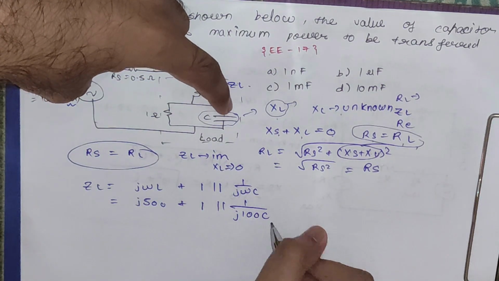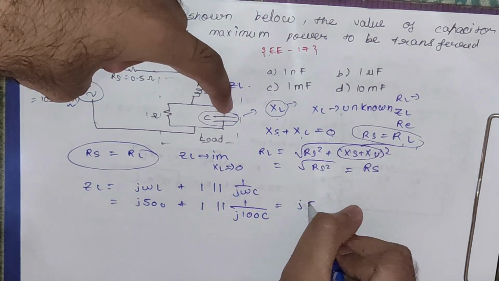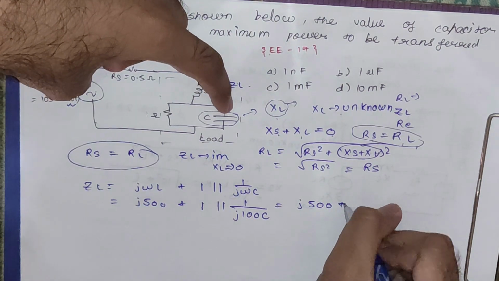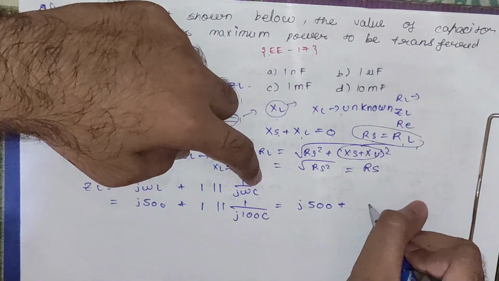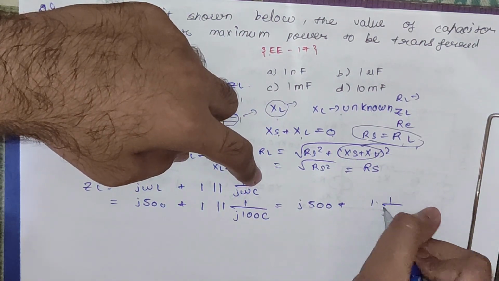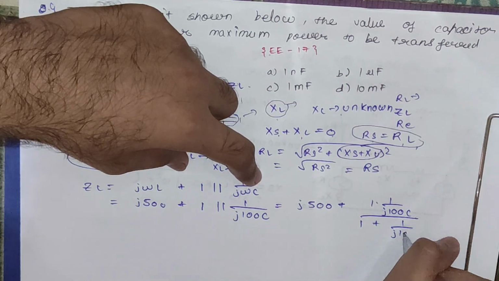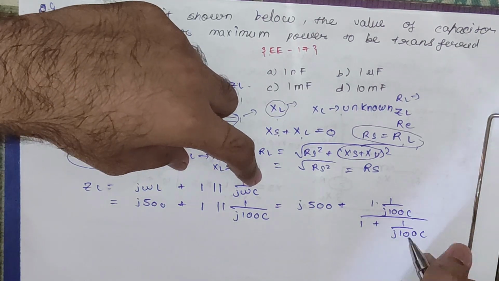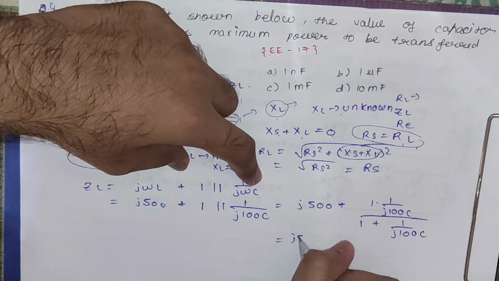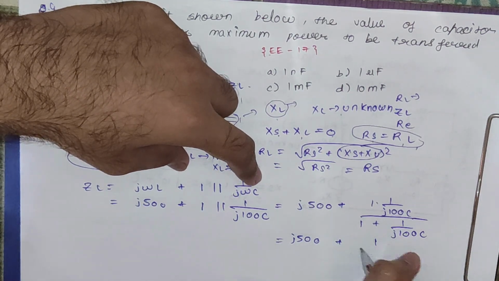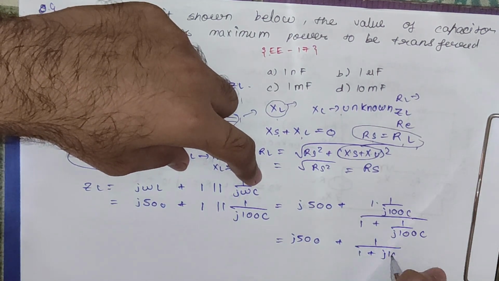If you simplify it, you will get j500 plus 1 into 1 upon j100C upon 1 plus 1 upon j100C. So if we simplify it, we will get j500 plus 1 upon 1 plus j100C.